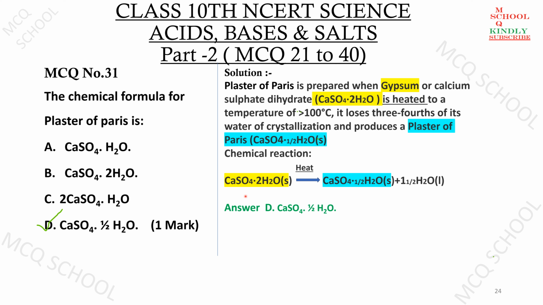The chemical reaction is calcium sulfate dot 2 H2O, that is gypsum, when heated, produces plaster of Paris, calcium sulfate dot half H2O, plus vapors. So the answer is D, calcium sulfate dot half H2O.